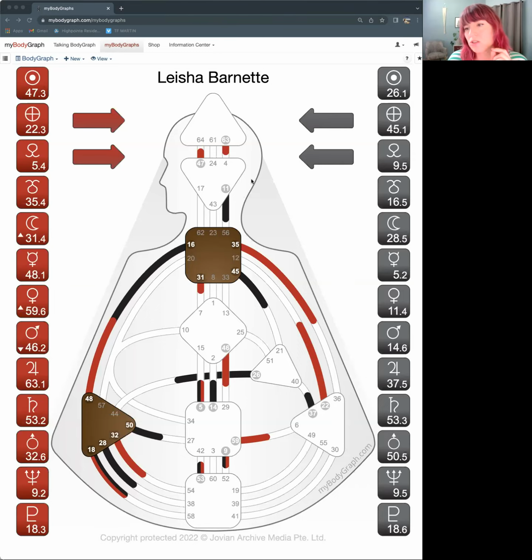Okay, so the biological correlation for the ajna is several different things, just like all the centers. It's hard to categorize in one thing, like the spleen is this one thing. They're all weaving together, but it's the neocortex of the brain, the visual cortex, and the pituitary glands. That's the ajna. The anterior and posterior pituitary glands are at the base of the brain, and they act as the body's maintenance headquarters almost.